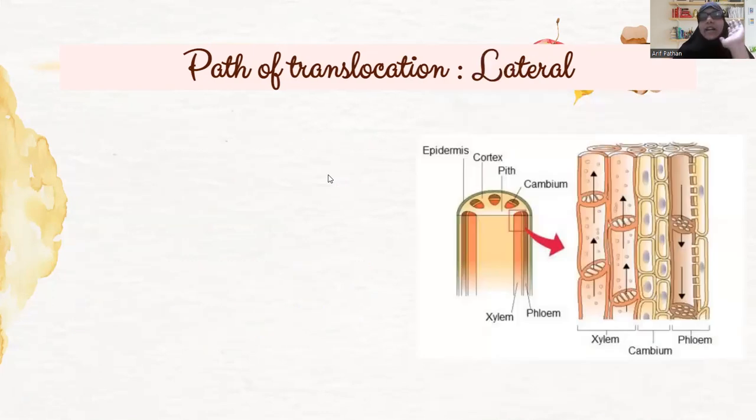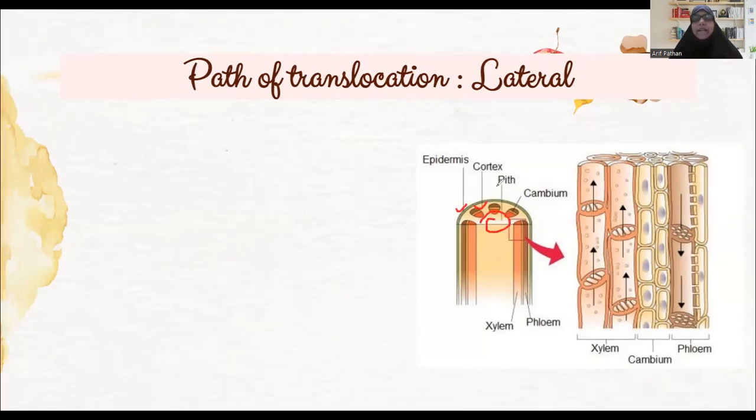Then laterally, if you can see, the tissues are placed like this. So vertical, upward or downward. Now like this, horizontally, laterally. So you have different layers of tissues, different conducting vessels. As you can see over here, at the outermost you have the epidermis, then in between the cortex, then the middle region is the pith region.